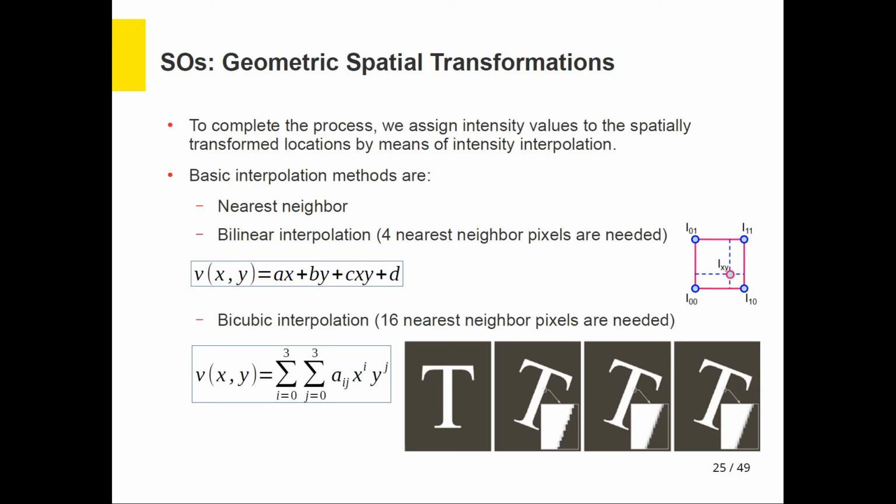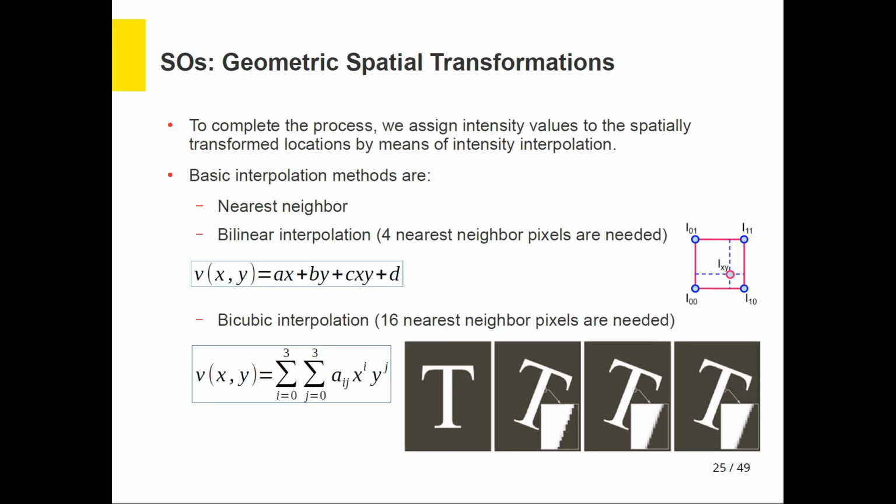It cannot be rotated. So what we do is that after rotating the image, we resample the image into the original matrix orientation. There are several techniques for doing that.